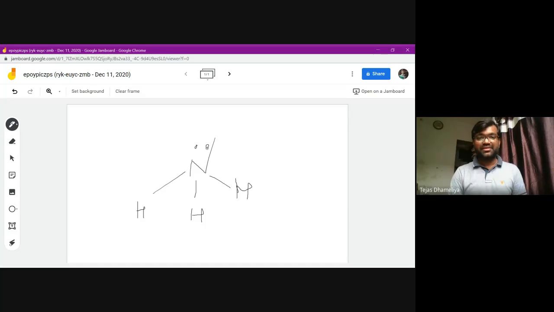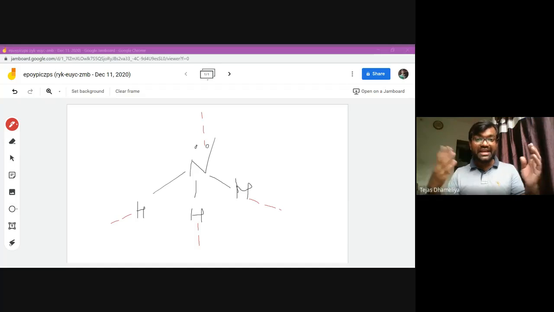Okay, friends, the hydrogen bonds can be formed. This is number 1, 1 hydrogen bond. This can be another hydrogen bond. And this can be another hydrogen bond. Okay, so this way ammonia can also make 4 hydrogen bonds, just like water.